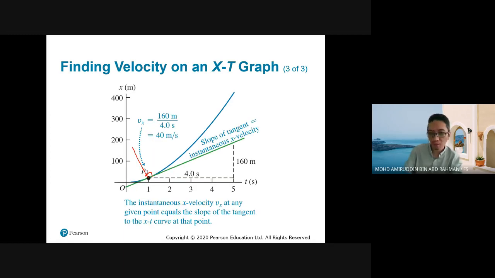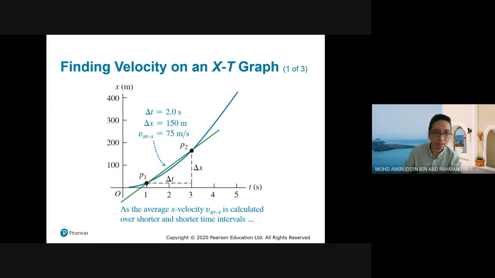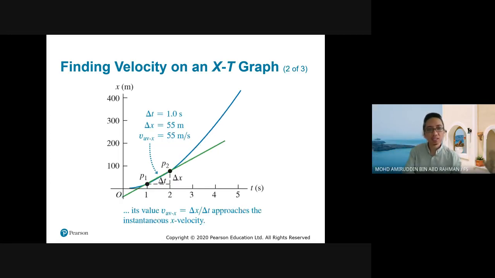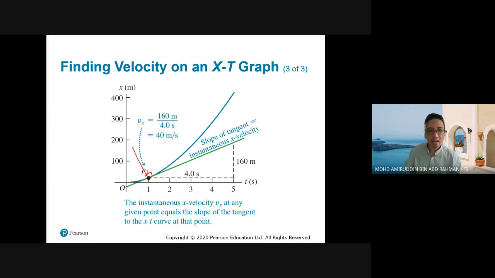But this average velocity is giving you 75 meters per second, which is a much higher velocity. That means the object speed is much faster. But when you look at the initial point, it is actually starting at a very low speed.